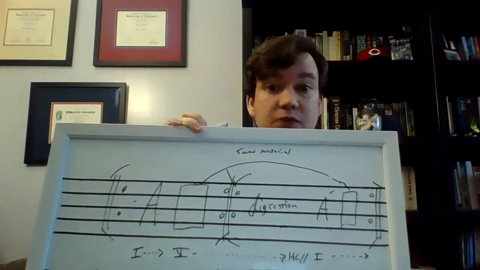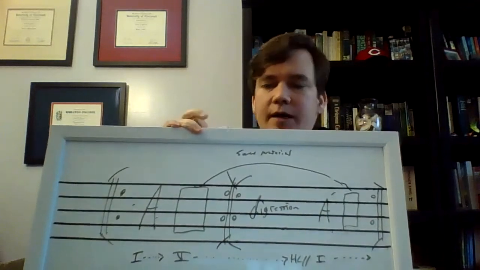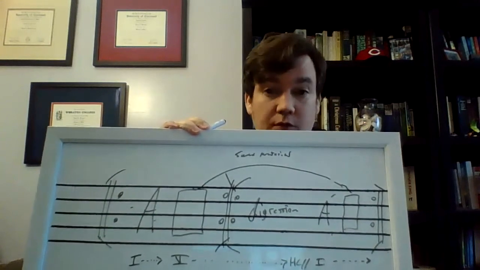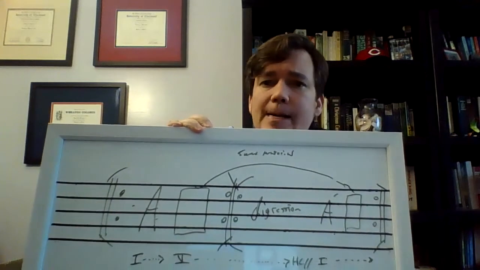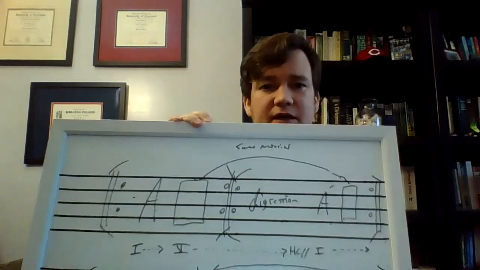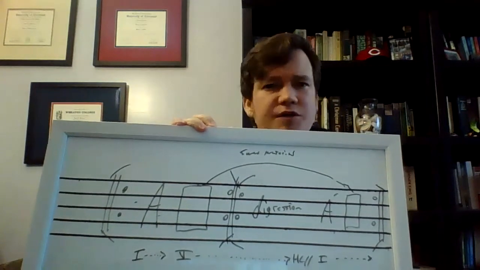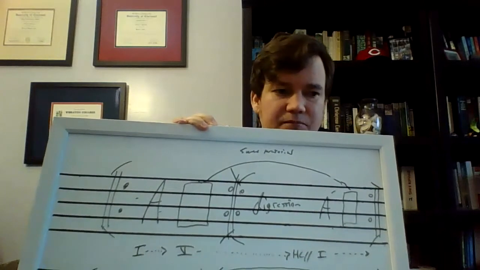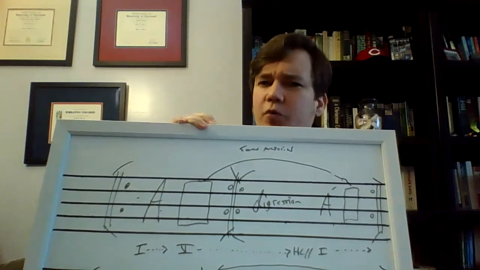Then after the repeat, we move into a digression of sorts. This borrows a little bit from a more dialectical approach to form, which we'll see a lot more when we get into sonata form. This digression is still working with that 5 and maybe developing it a little more, but in this rounded, balanced, continuous binary form, we won't move too far away from 5.